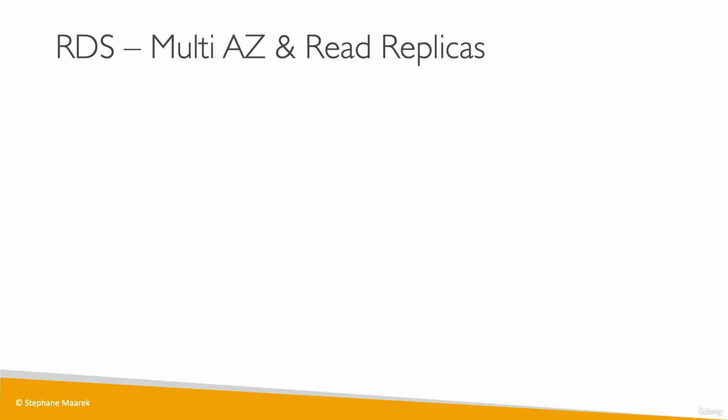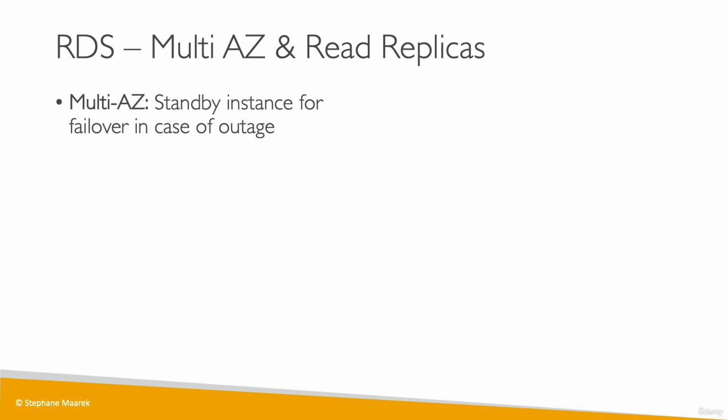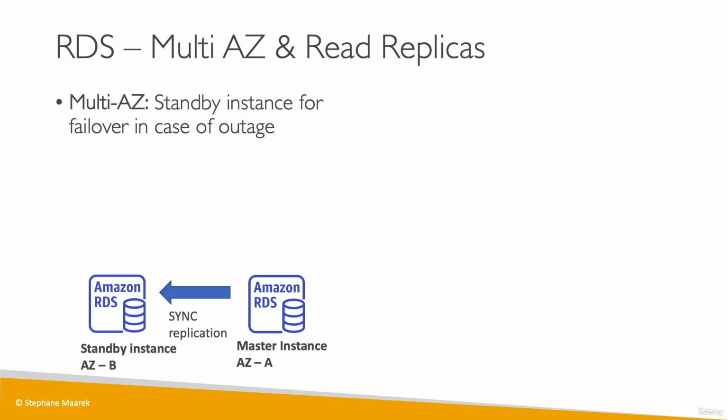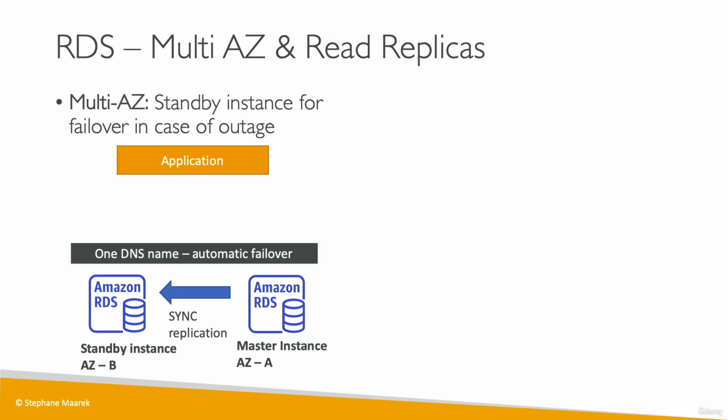So here's another concept that you should know by now. There's multi-AZ, in which you have a standby instance for failover in case there's an outage. So we have a master RDS database in one availability zone, and it's going to be synchronously replicated to another standby instance in another AZ, AZ B. Your application only accesses your RDS database through one DNS name, and that DNS name will change automatically in case of a failover.